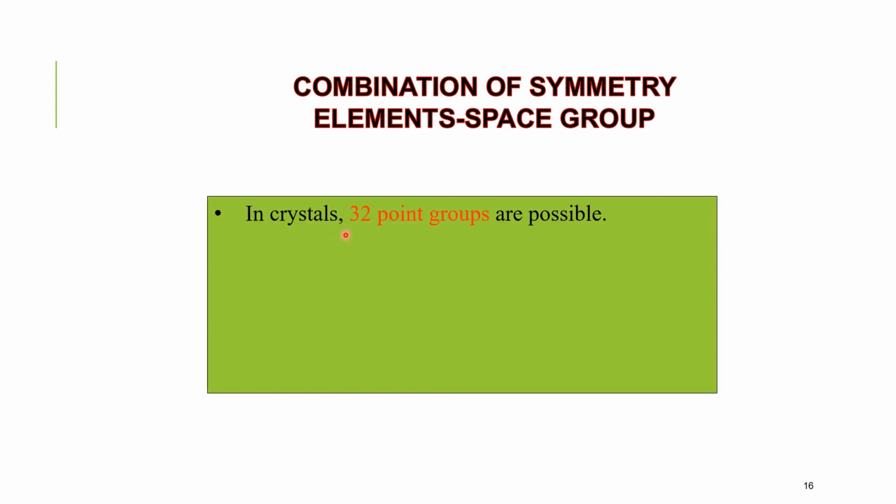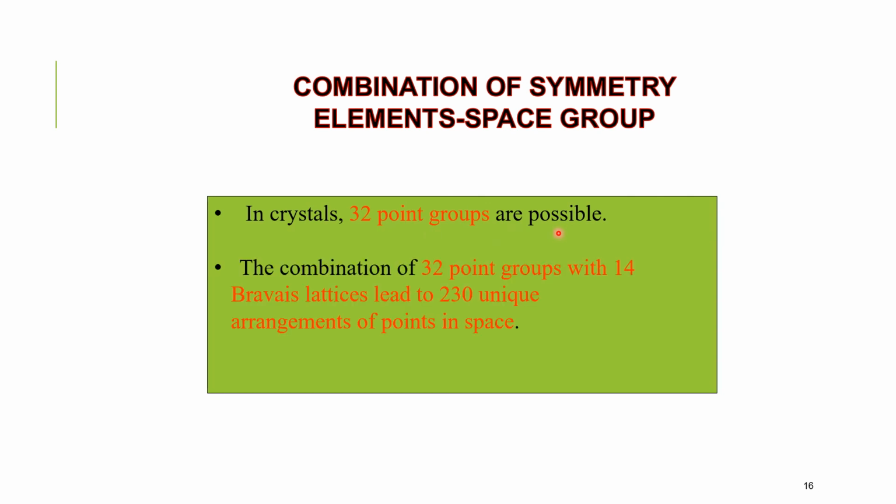In crystals, 32 point groups are possible. The combination of 32 point groups with 14 Bravais lattices leads to 230 unique arrangements of points in space. They are called space groups.